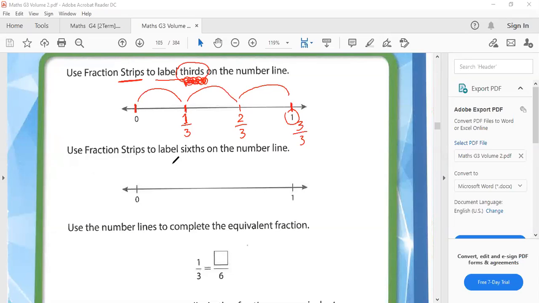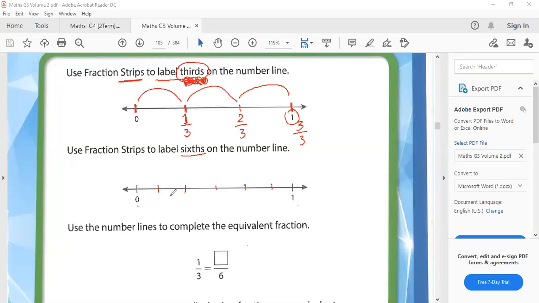And we can divide the same distance from 0 to 1 into 6 equal parts. So now we will divide the same distance between 0 and 1 into 6 equal parts, like this.